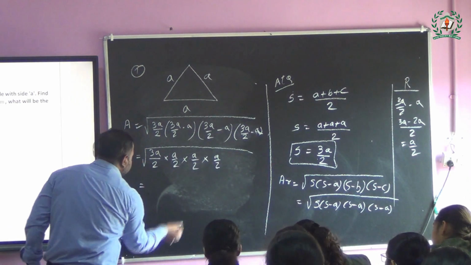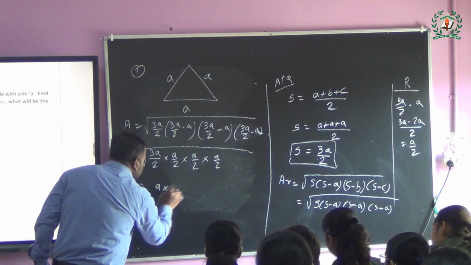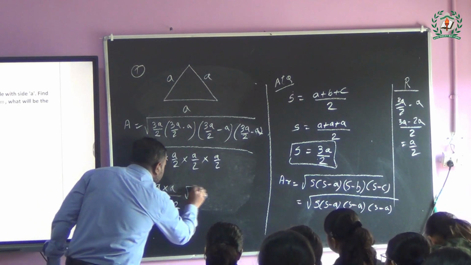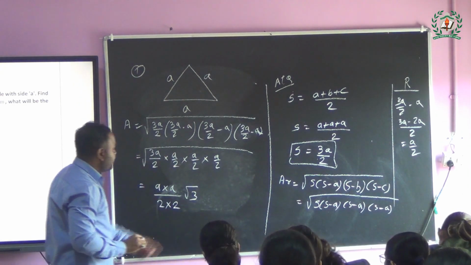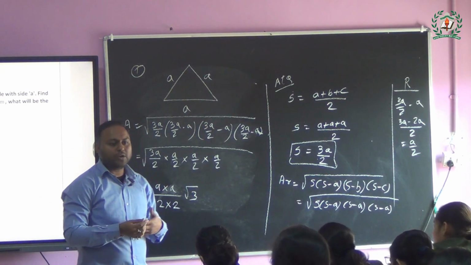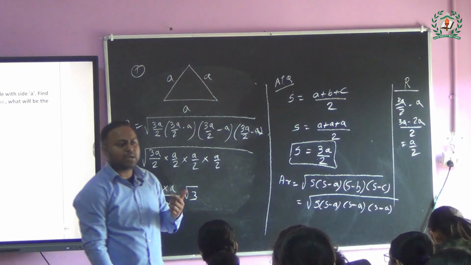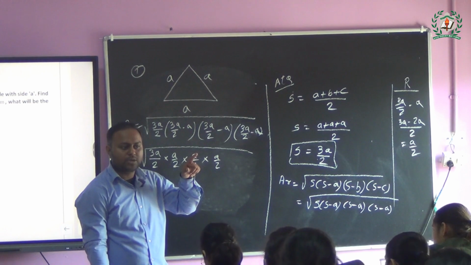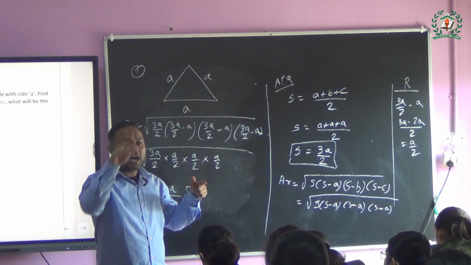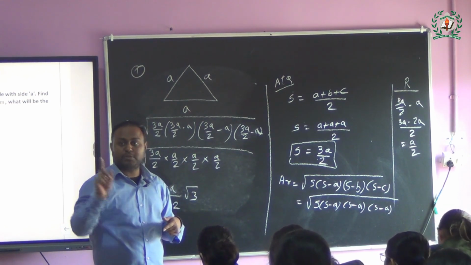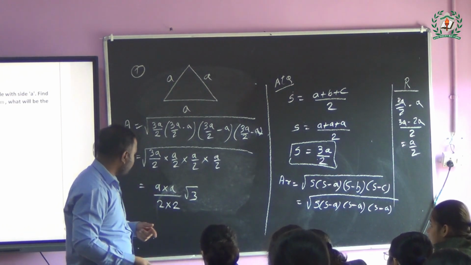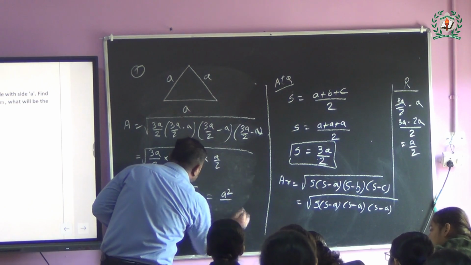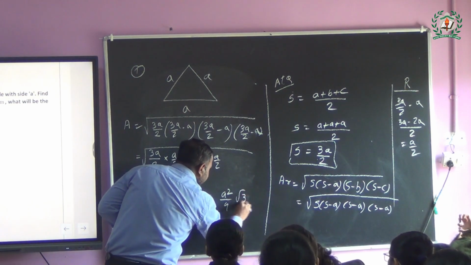That means it becomes A cross A by 2 cross 2 under root 3. 3 is inside because it is a square root. Any number which is present in the double form, then it's possible to come out from the square root, because it's a square root. This means whole power half. It should be the multiple of half. Okay. So now you see it becomes A square by 4 under root 3.